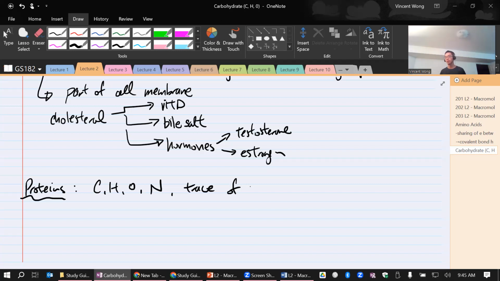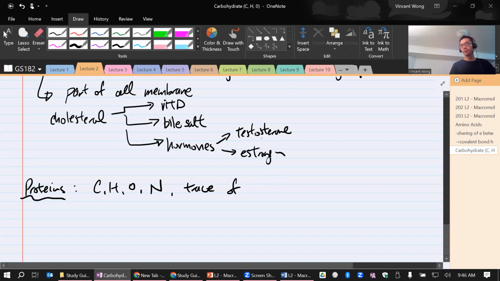Anybody remember? Trace of. Medicine said P. Not quite. P is in DNA and a little bit in fat. What is the thing here?